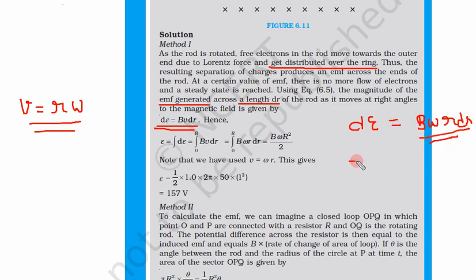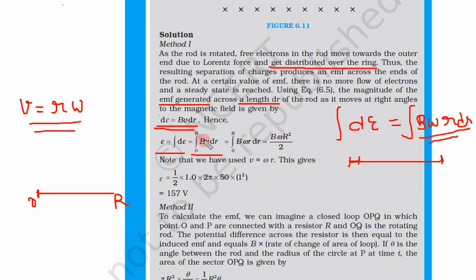But since this is only for a small length and we need it for the whole rod, we simply integrate. Epsilon is equal to the integral of d epsilon, integrated from 0 to the radius R of the rod.